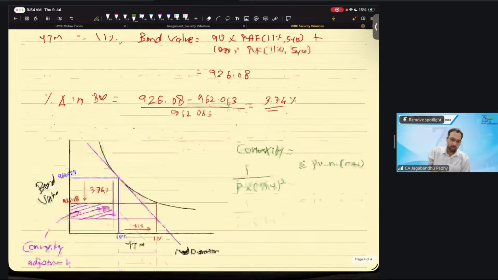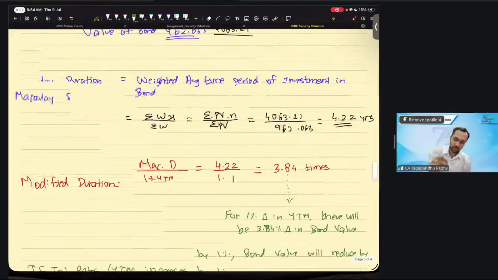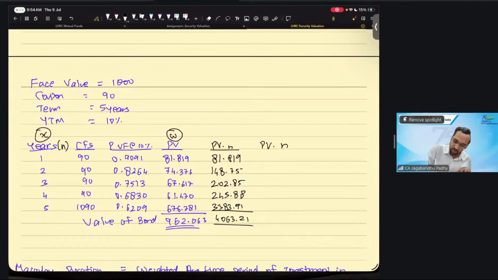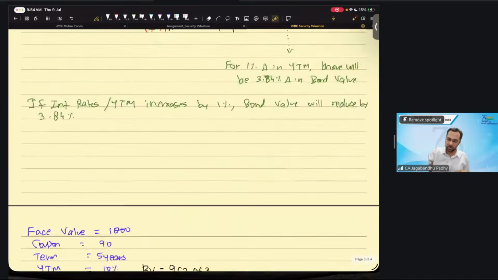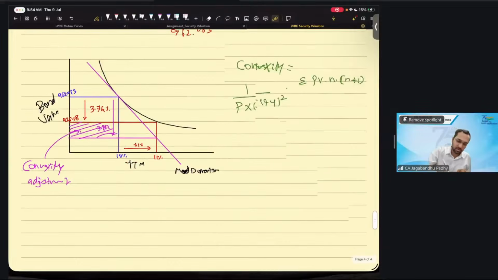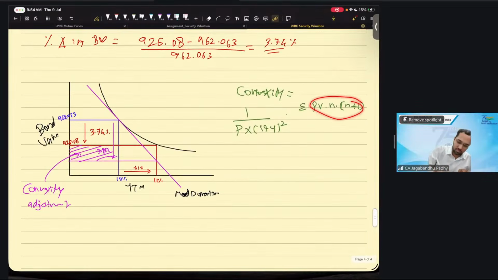So in our calculation, to calculate the convexity, I'll have to add some more columns, PV into N into N plus 1. You'll get this total, and then we substitute in this, and then divide it by the bond value into (1 plus YTM) square. Okay, so this is your convexity.